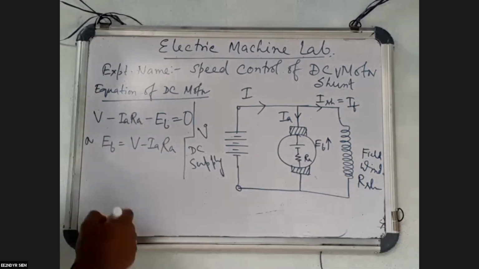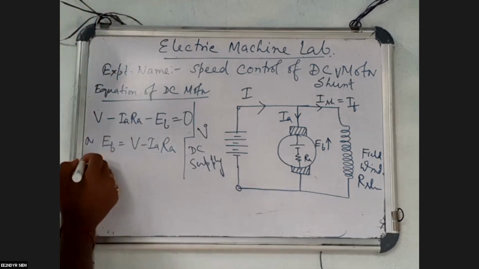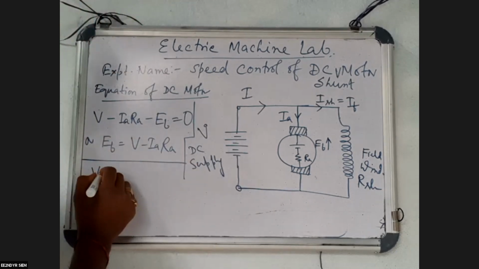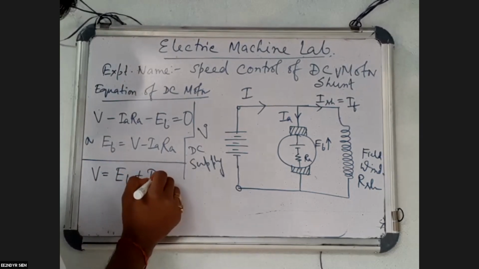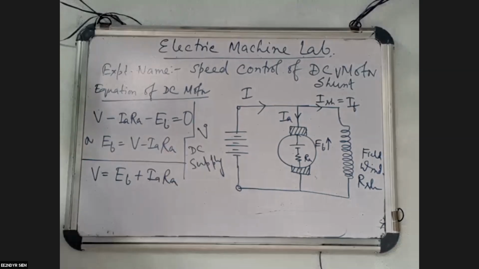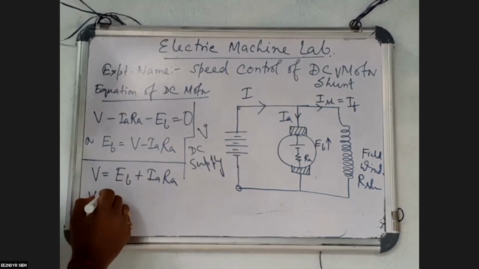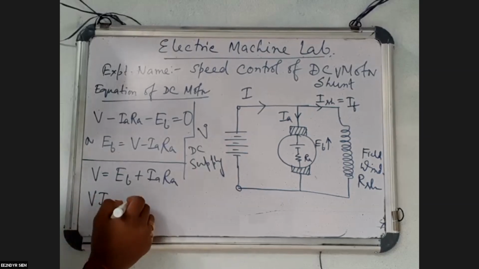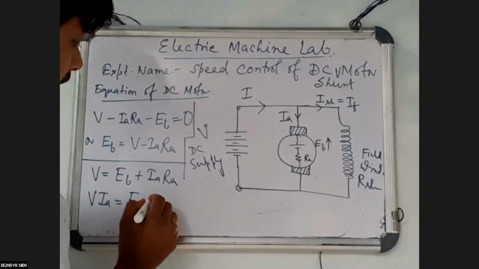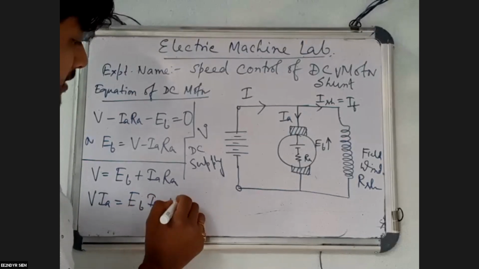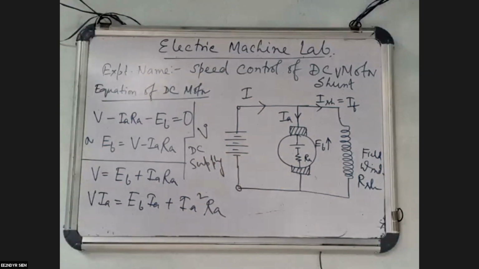Achha. Now, in terms of the power formation, we can write V equals to EB plus IA RA. Now, if I multiply both sides with IA, it will be V IA equals EB into IA plus IA square RA.